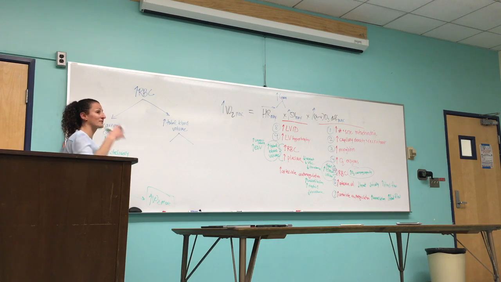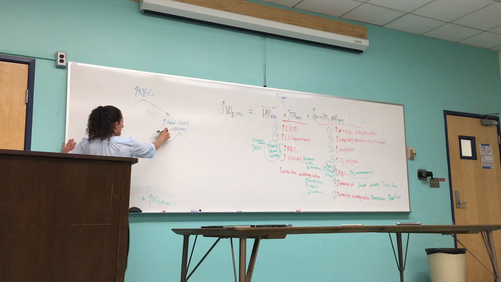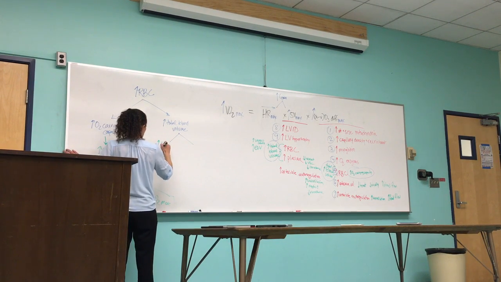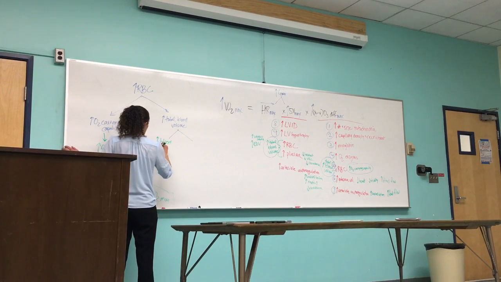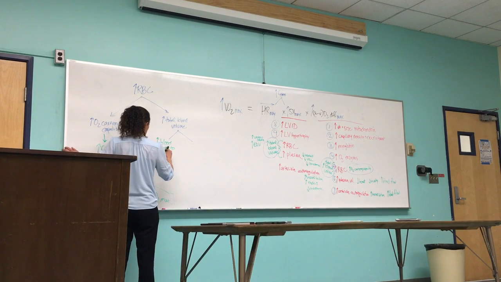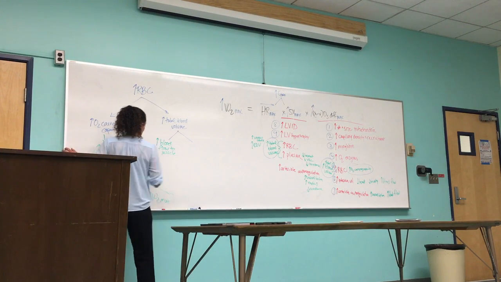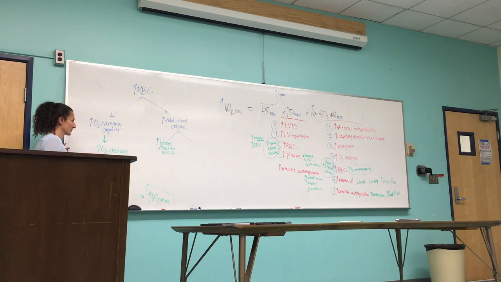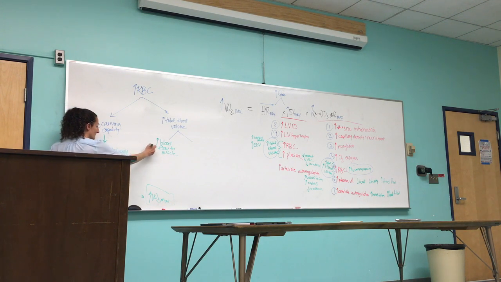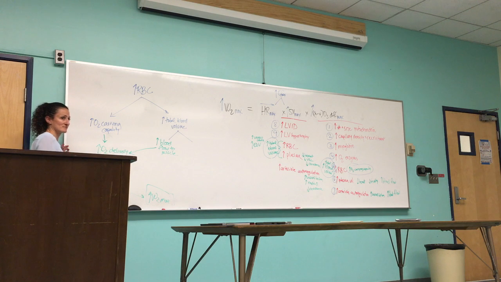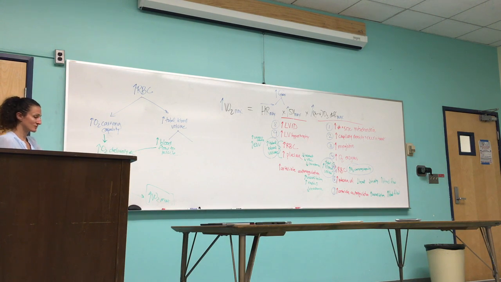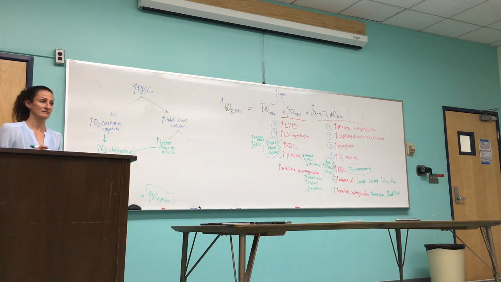The more blood you have flowing past the muscle, the more opportunities you have to pick up oxygen. So an increased total blood volume is going to increase blood flow to the muscle, which is going to do what? Increase oxygen delivery and uptake, which is going to increase our ability to consume oxygen.